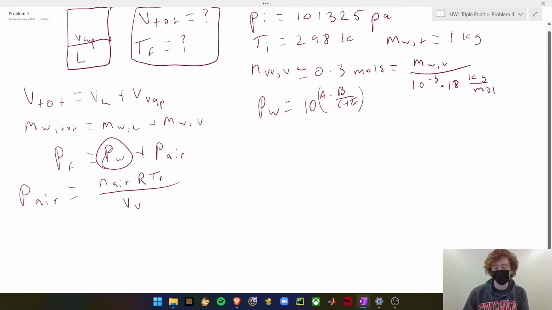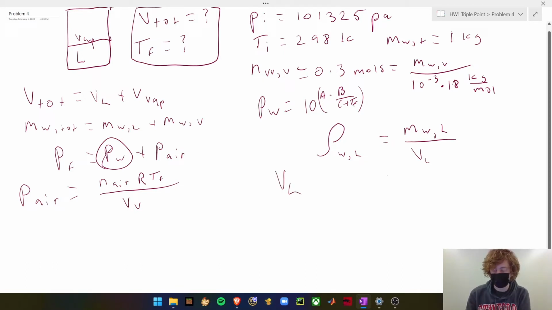Over here, we know that our density of water, this isn't a P, this is the symbol rho for density of our water in the liquid phase, is equal to the mass of the water in the liquid phase divided by the volume of water in the liquid phase. So now we can find our volume of water in the liquid phase pretty easily.